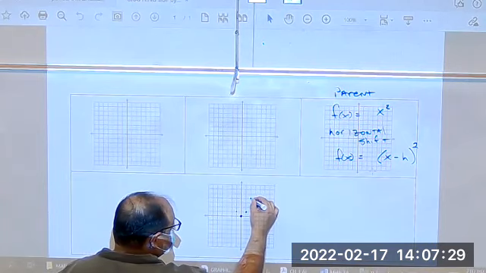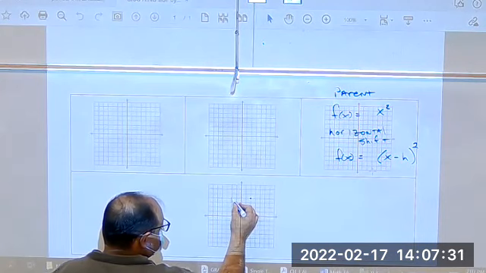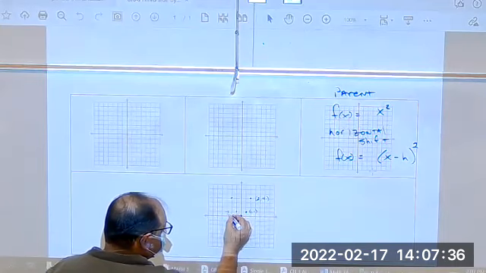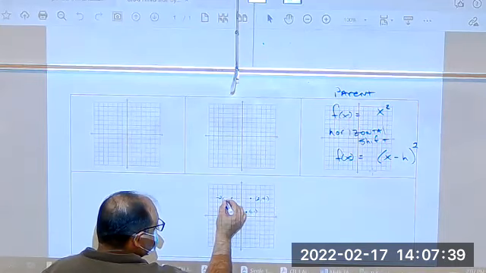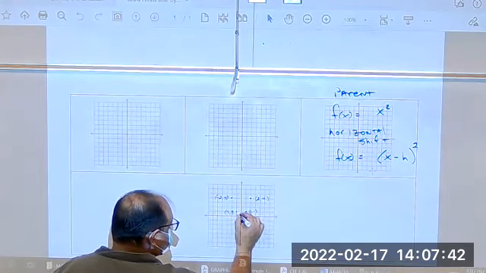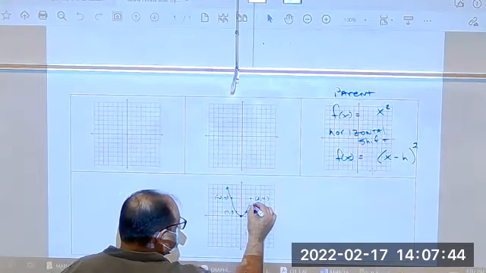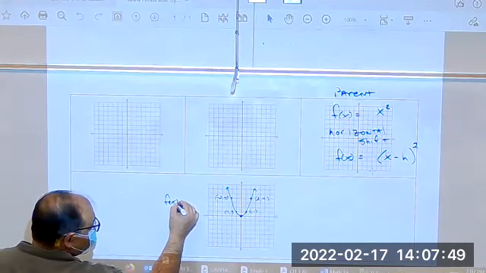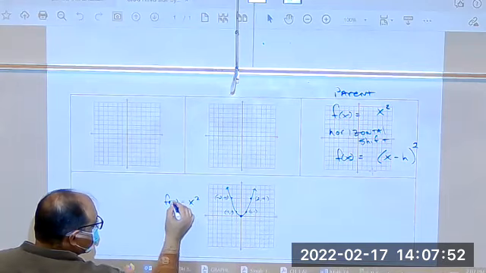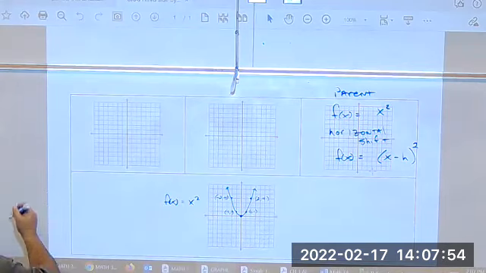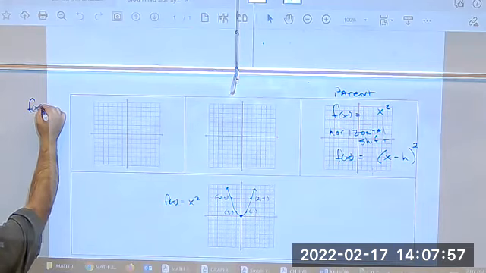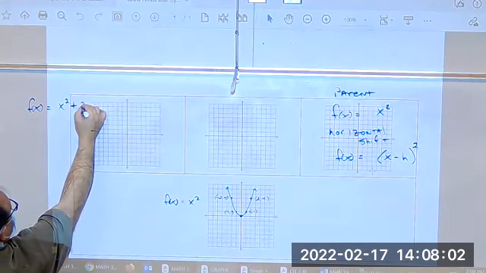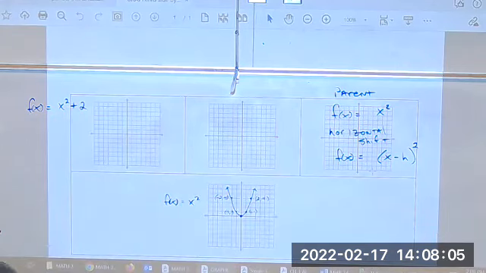Here's our parent. And then over here, that is not in a parenthesis.